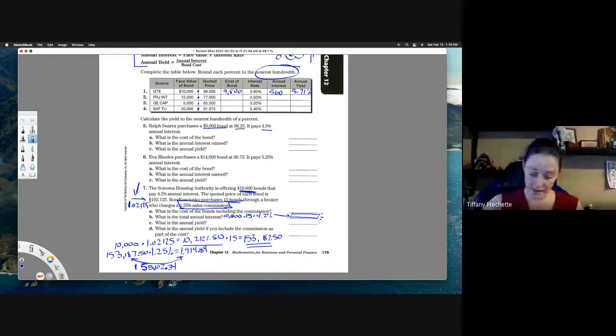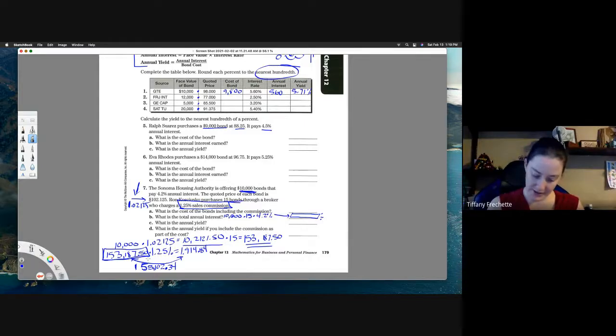And they told us the bond cost, or sorry, that's what we calculated. The bond cost was this amount here before commission. So we want to ignore the commission when we're calculating part C. So we want to divide part B by this number down here, this 153,000, sorry.